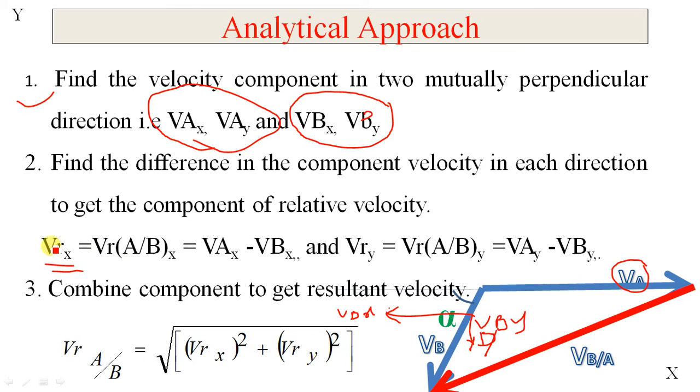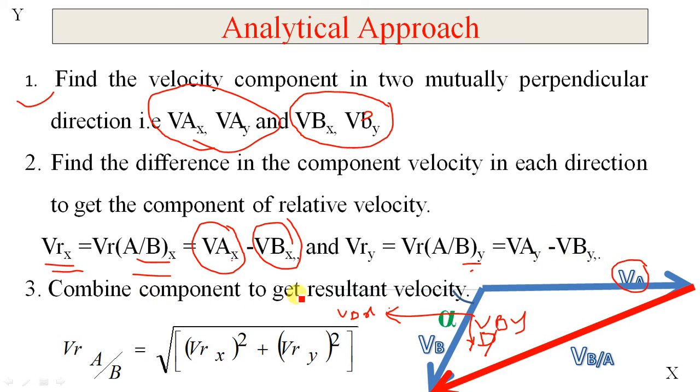So the relative velocity in x direction, that is the relative velocity of A with respect to B, we first take the absolute velocity of A in x direction and the absolute velocity of B in x direction. So Vax minus Vbx. The relative velocity of A with respect to B in y direction is Vay minus Vby.